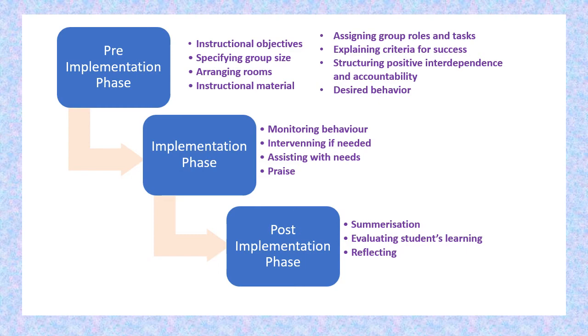After evaluation, instructors should give feedback to the students, and on the basis of feedback, students reflect. Instructors should keep a record of what worked well, why it worked well, and what changes are needed for the next time. In this way, all the cooperative learning activities can be conducted in 3 phases.